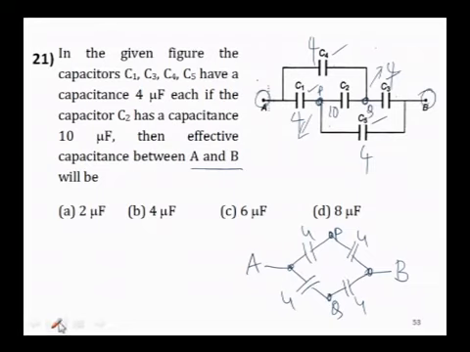So therefore what happens is you have to consider only these 4, and now it is very easy to do. These 2 are in series, 2 capacitors in series becomes half of C, so this becomes 2. 4 and 4 in series becomes 2. 2 and 2 in parallel becomes 2 plus 2, 4. So finally between A and B you are getting 4. The correct option for 21 is 4.